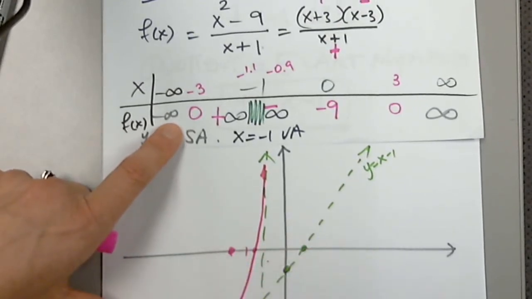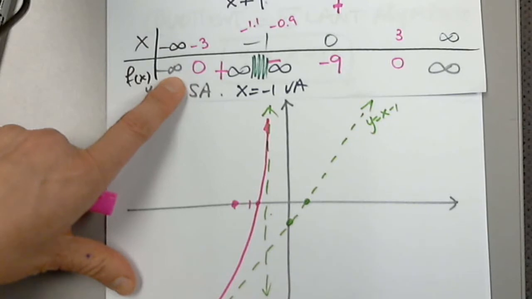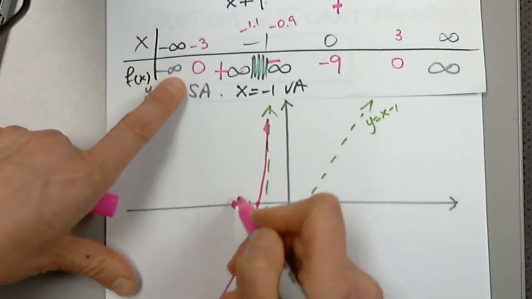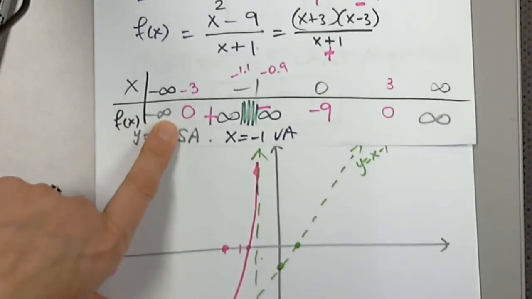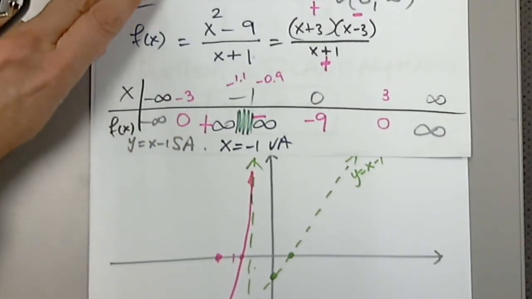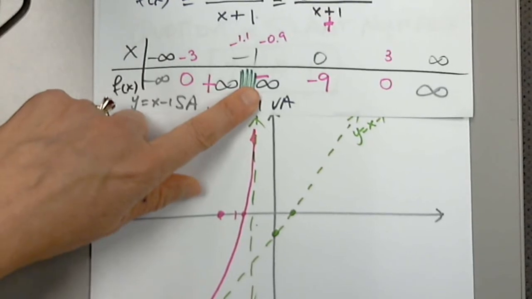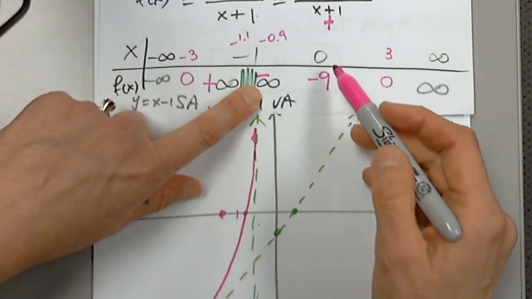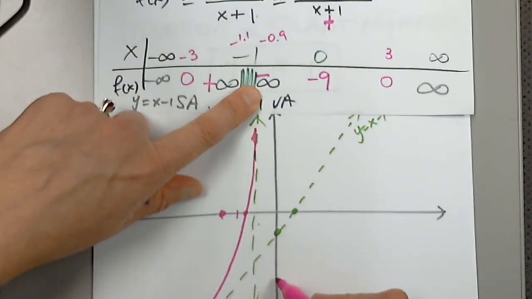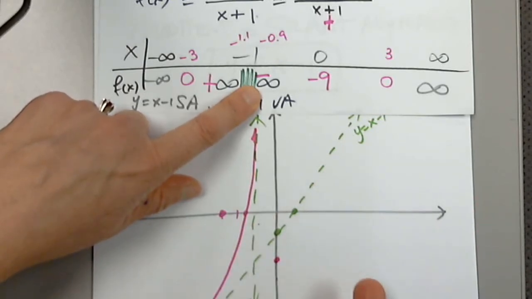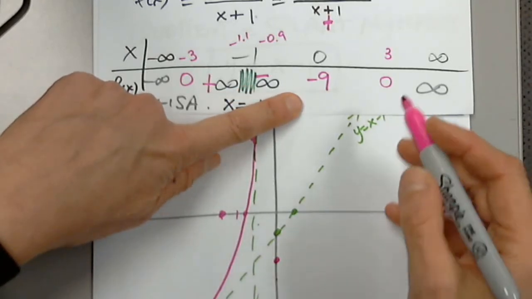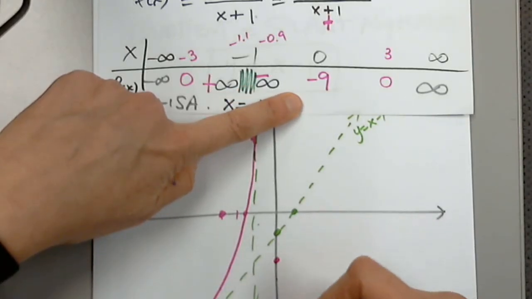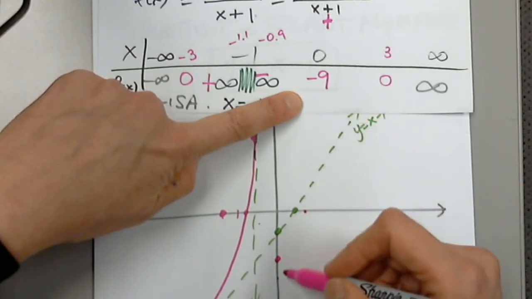If I use this, then I need to extend it. We're going to graph it with a graphing calculator in a minute, so you will see what happens. So -infinity is here. (0, -9), I'm going to say it's somewhere here. It's not exact, but then I would have to graph it again and make it smaller. And (3, 0), and approaching infinity.